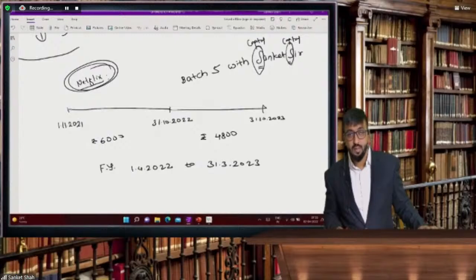So Netflix: 1/11/2021, 31st October 2022, and 31st October 2023.